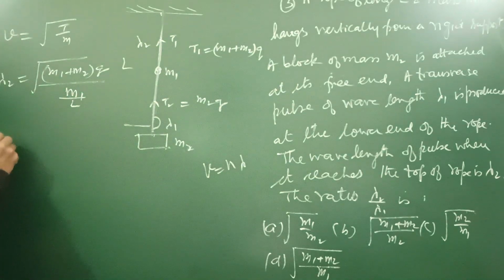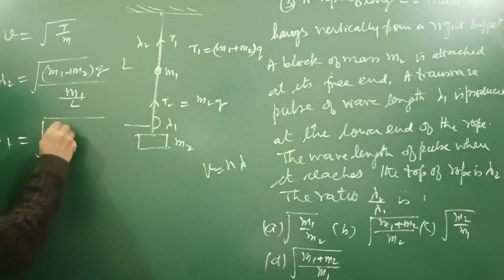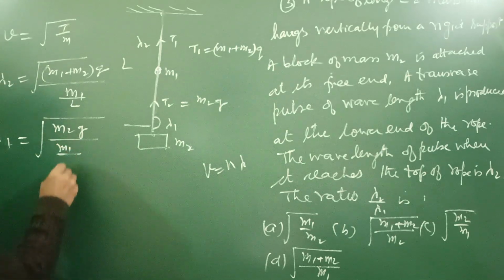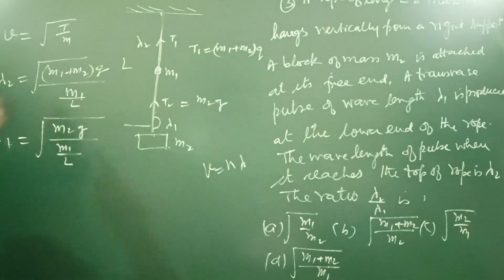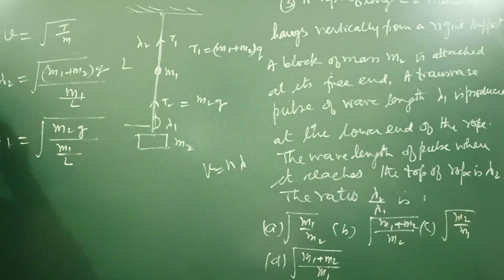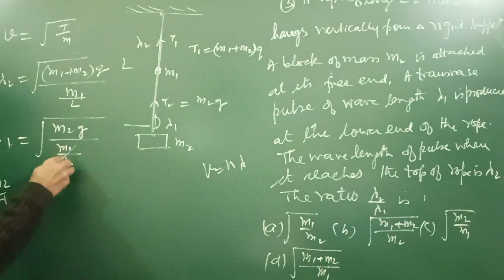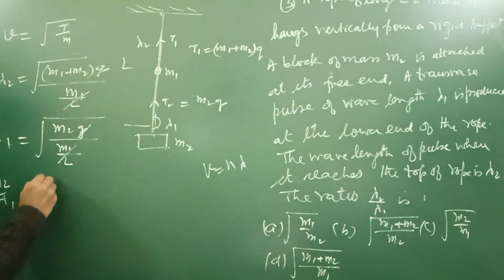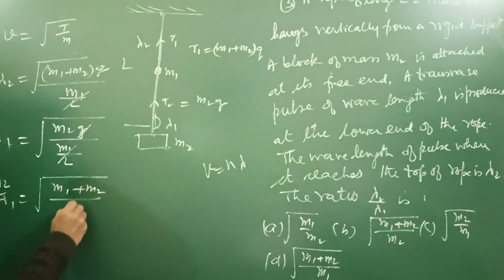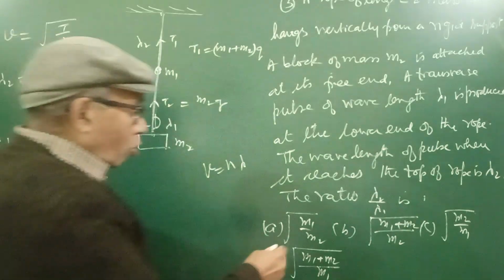Then n lambda 1 is under root m2g upon m1 upon l, mass per length. Mass per length will be total mass divided by length L. Now dividing this by this, lambda 2 upon lambda 1: these two get cancelled, g gets cancelled. It is left only m1 plus m2 upon m2. So option B is correct.